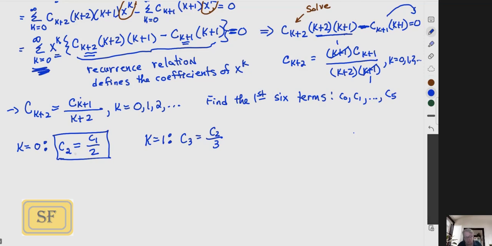But notice we have c sub 2 defined previously. So I'm going to say this is 1/3 times c sub 2, and c sub 2 is 1/2 c sub 1. That gives me c sub 3 is 1/6 c1.